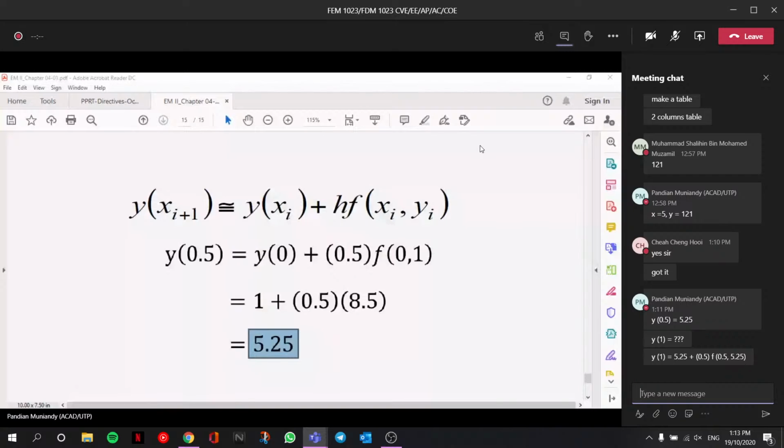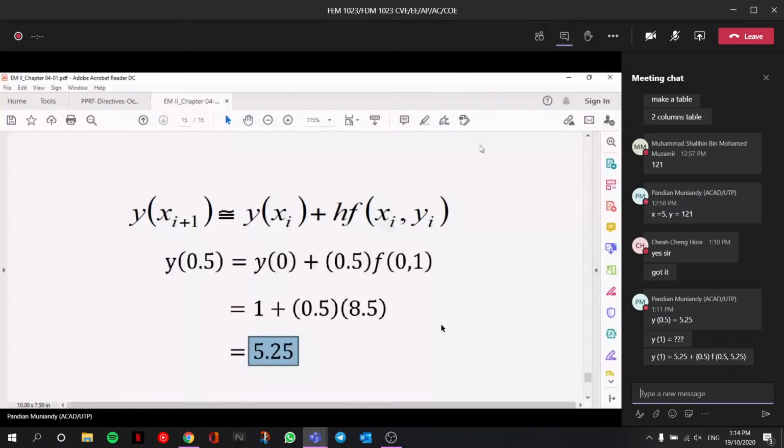So you have to calculate now f of (0.5, 5.25). So you calculate this value. Okay, slowly, yeah. Press your calculator. Calculate f of (0.5, 5.25). You go back to the slide.